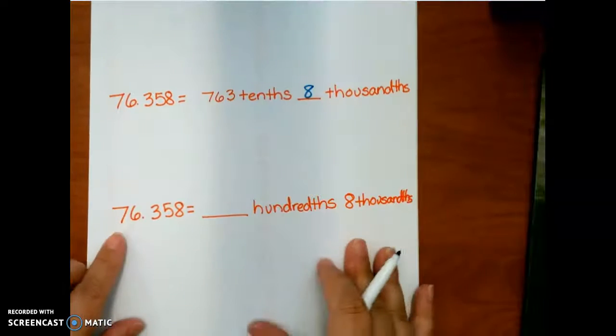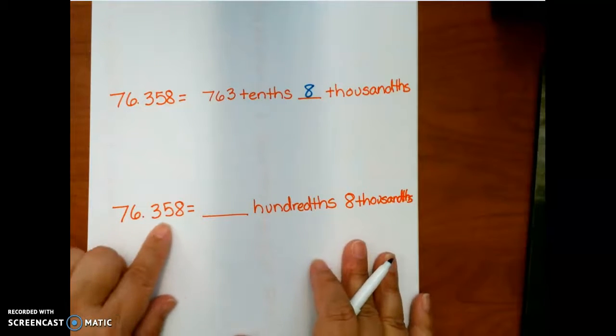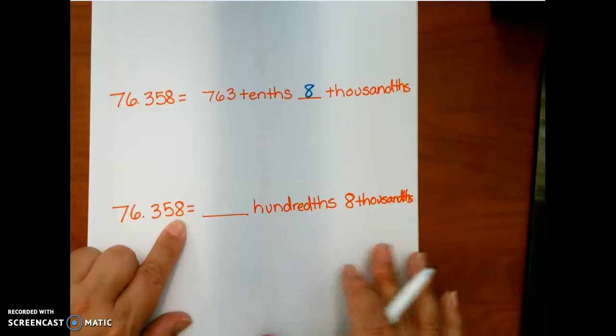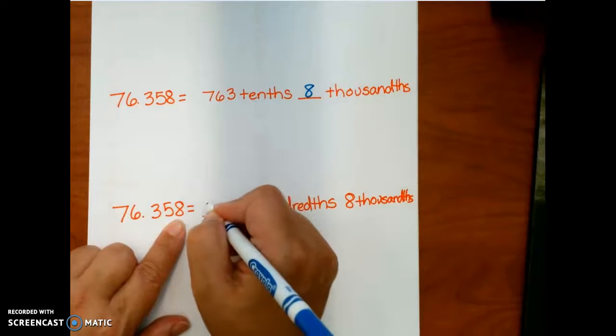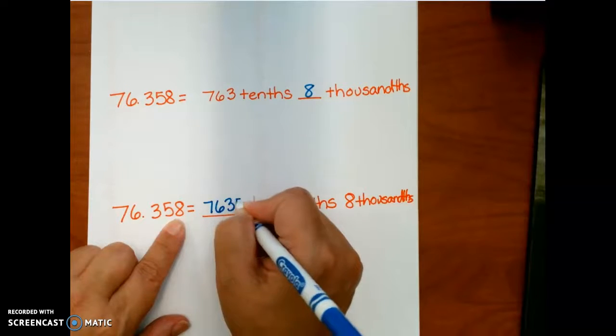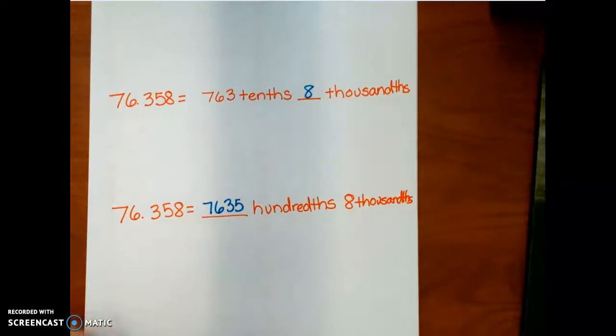And 76 and 358 thousandths is equal to 7,635 hundredths and 8 thousandths. Okay.